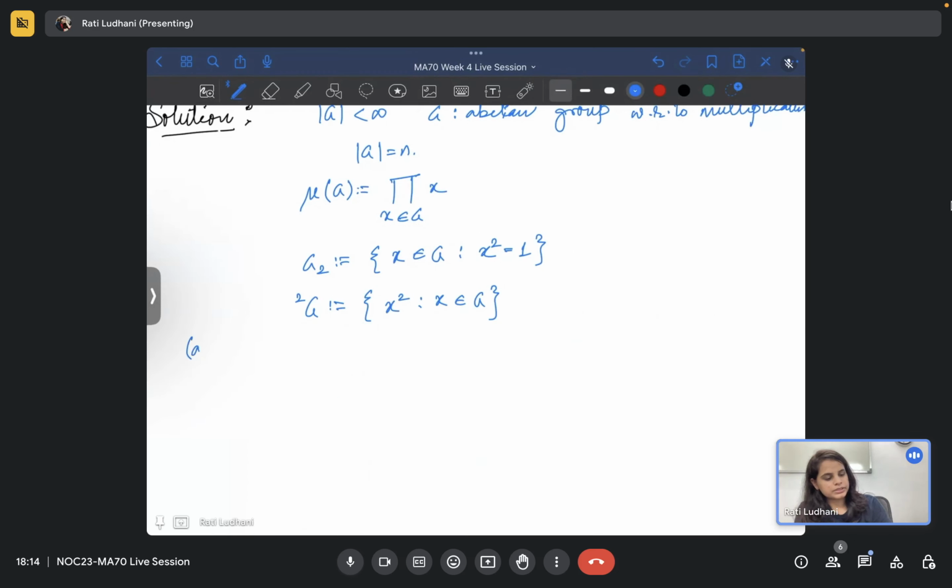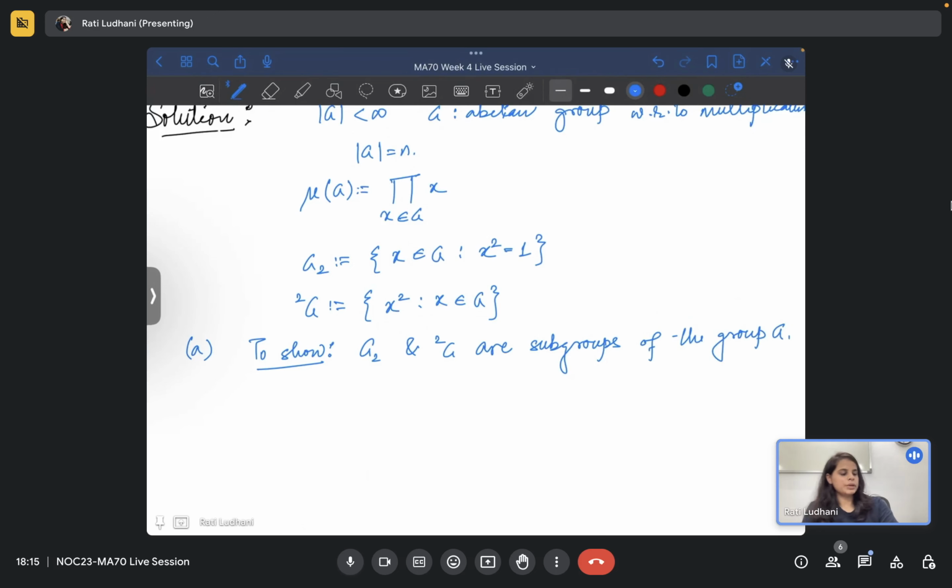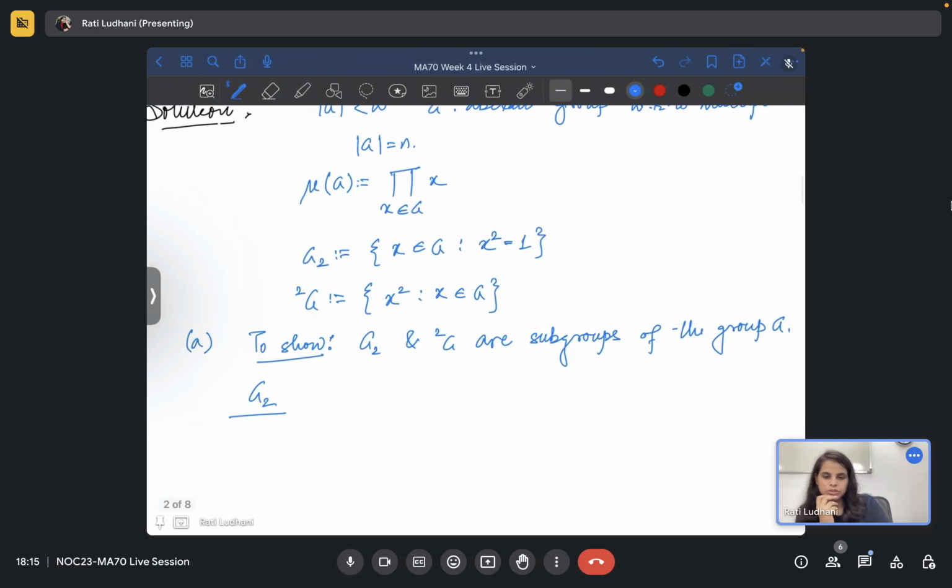So the first part is that these are groups, so these are subgroups of G. So to show G2 and 2G are subgroups of the group G, let's start with G2. So how shall I start? If you want to prove that this is a subgroup, what should I prove?